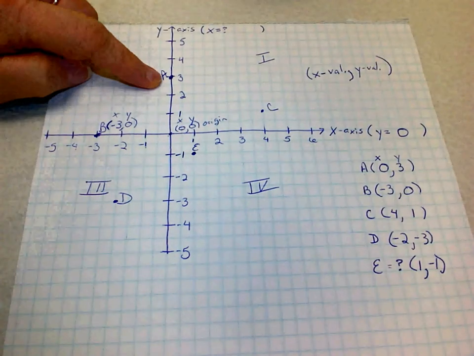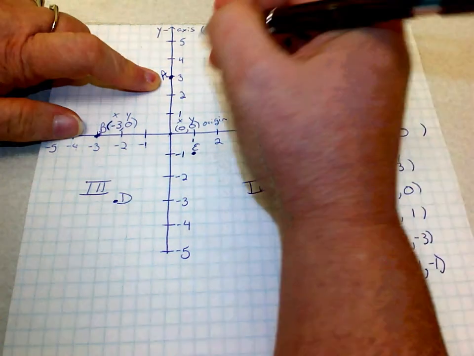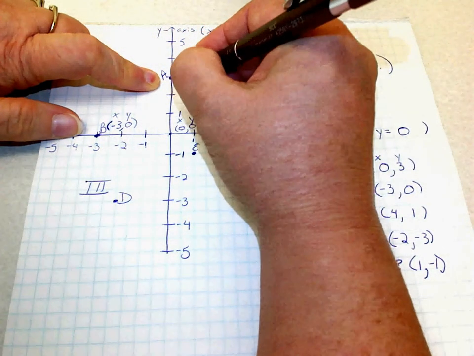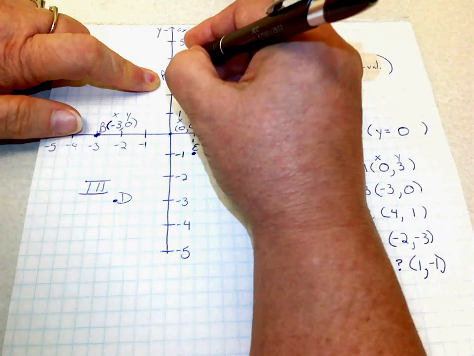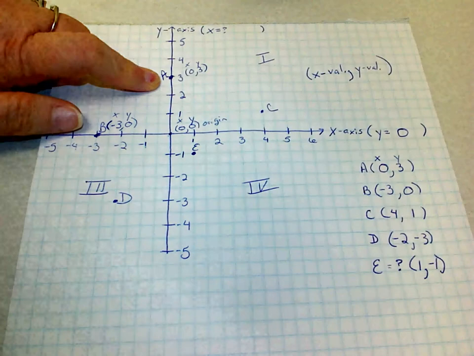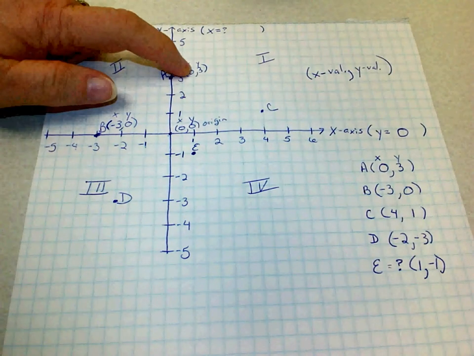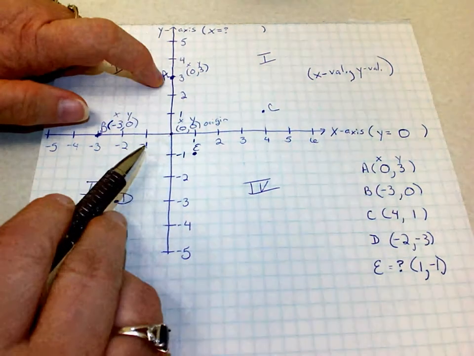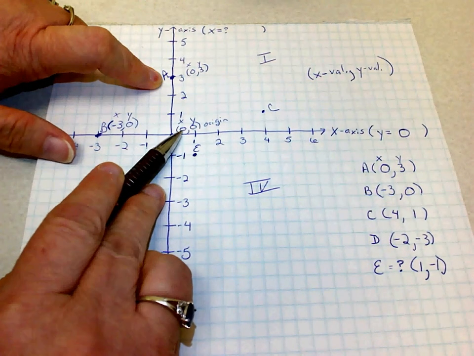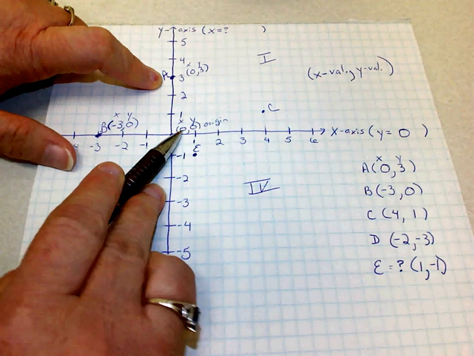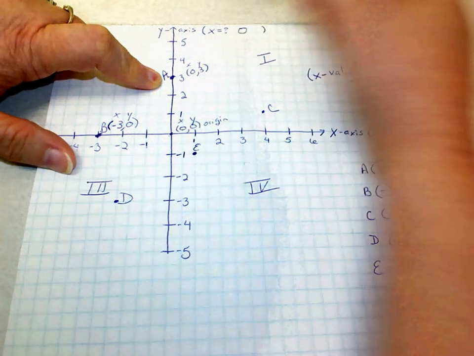Now, again, on A, this is the point (0, 3). Our x, our y. Our x is 0 in A, and then the origin, our x is 0. So if you guessed 0, you're right.